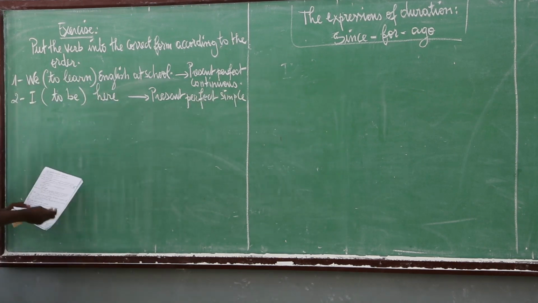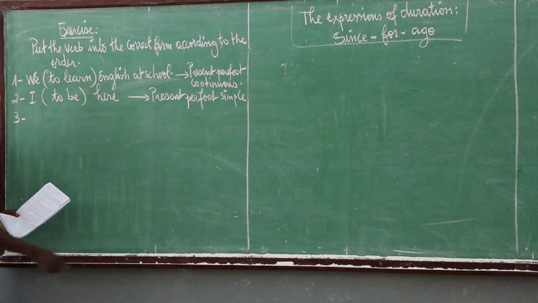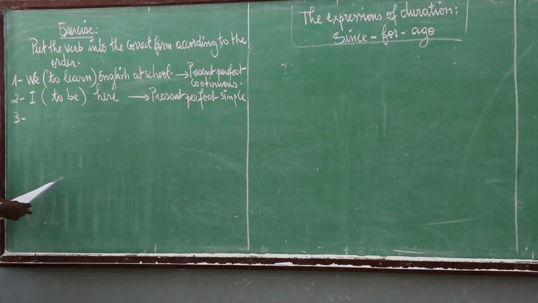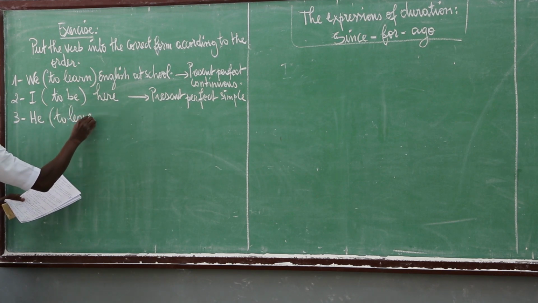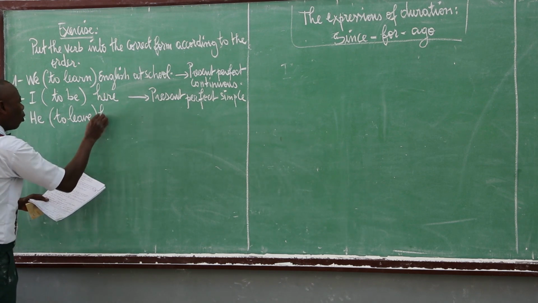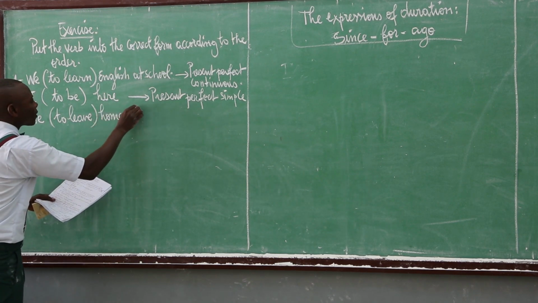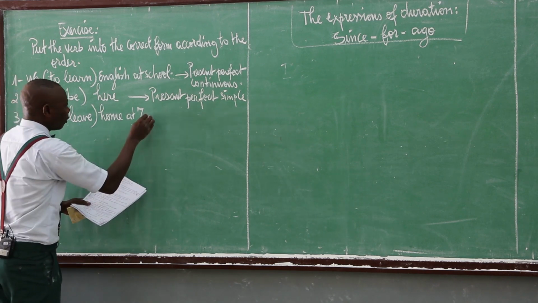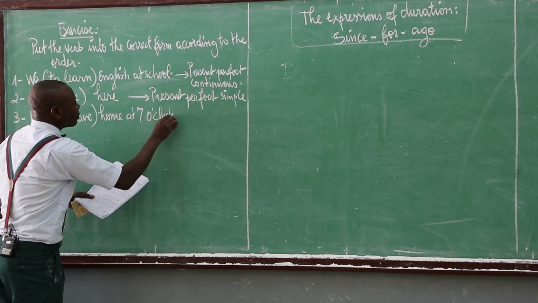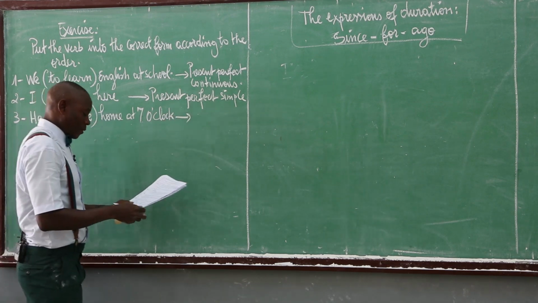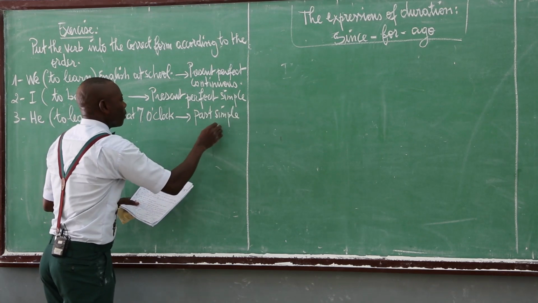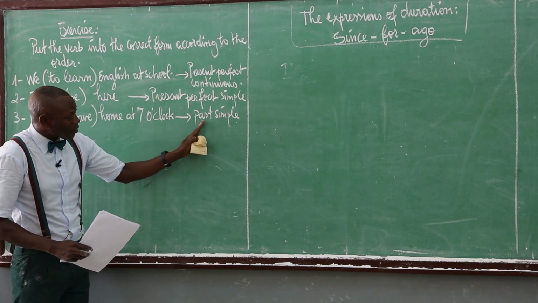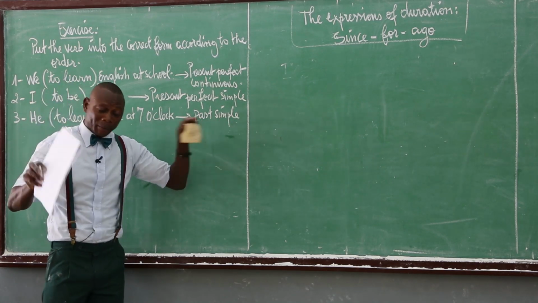Number 3: He to leave home at 7 o'clock. Here you put the sentence in the past simple tense. Remember that the past simple tense is the preterite, okay?